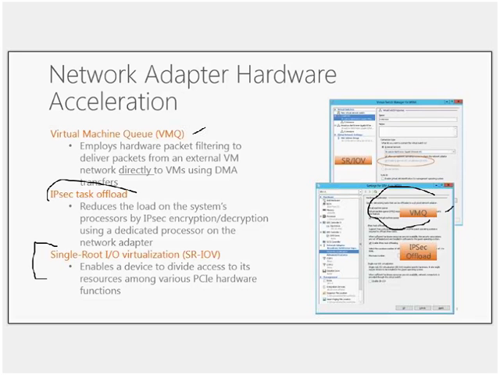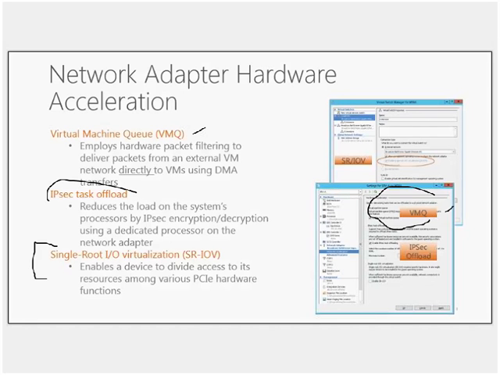It also enables the device to divide access to its resources among various PCIe hardware functions. How this works is with direct memory access. The CPU initiates the transfer, does other operations while the transfer is in process, and receives an interrupt from the DMA controller when the operation is done.